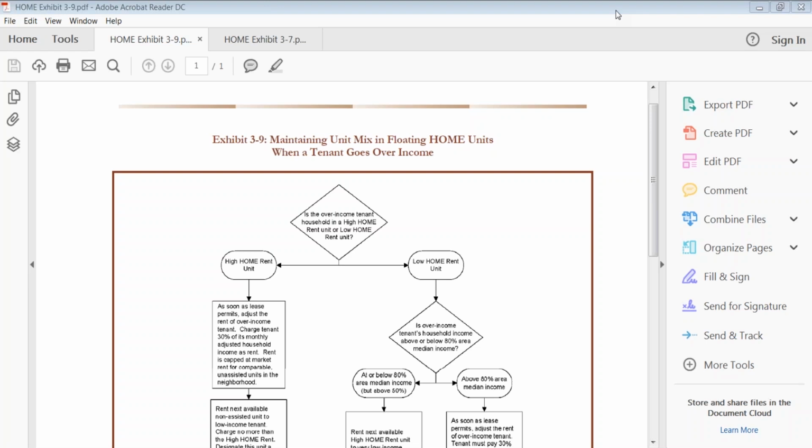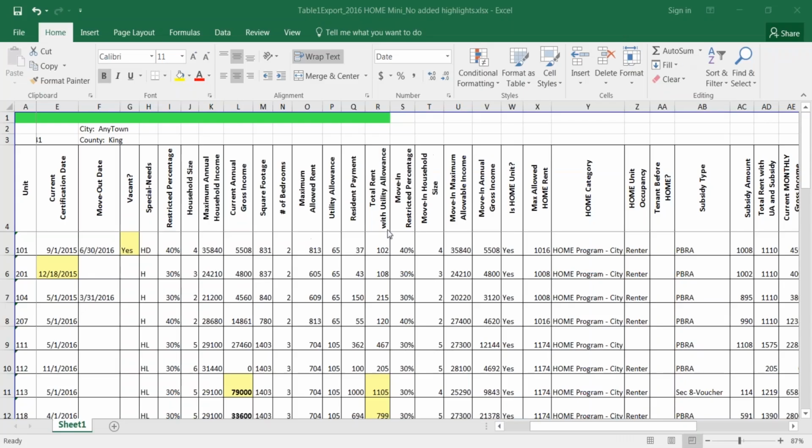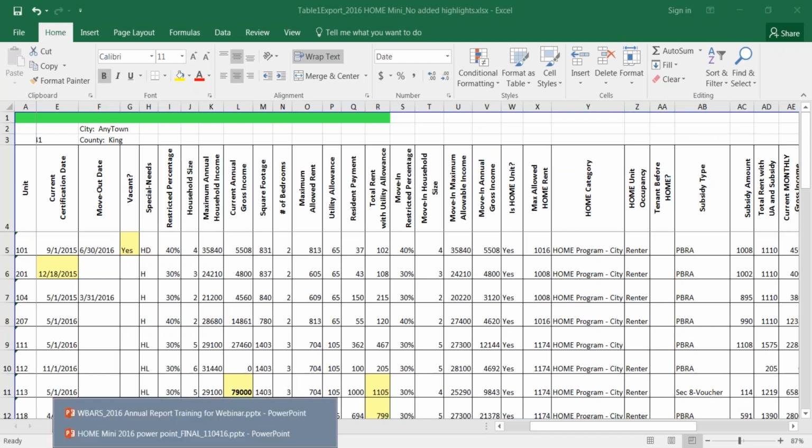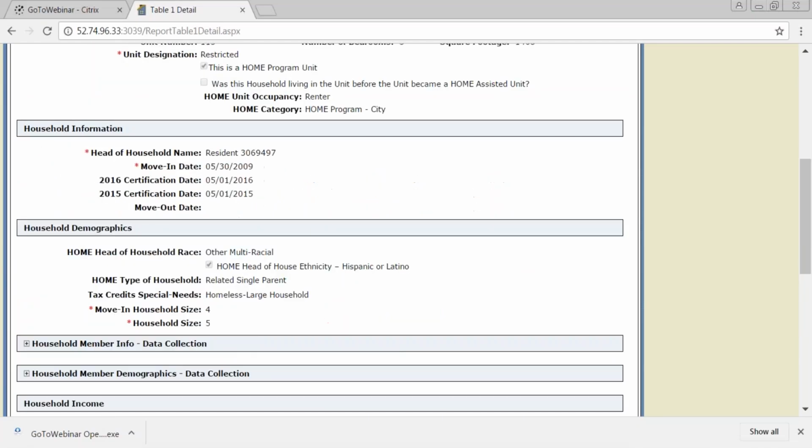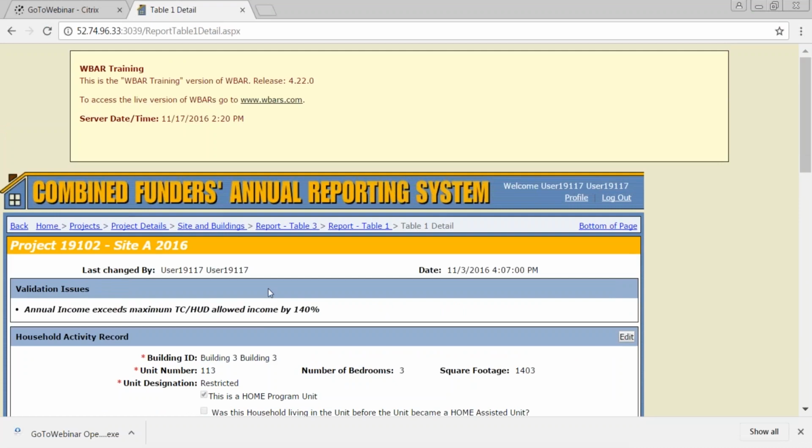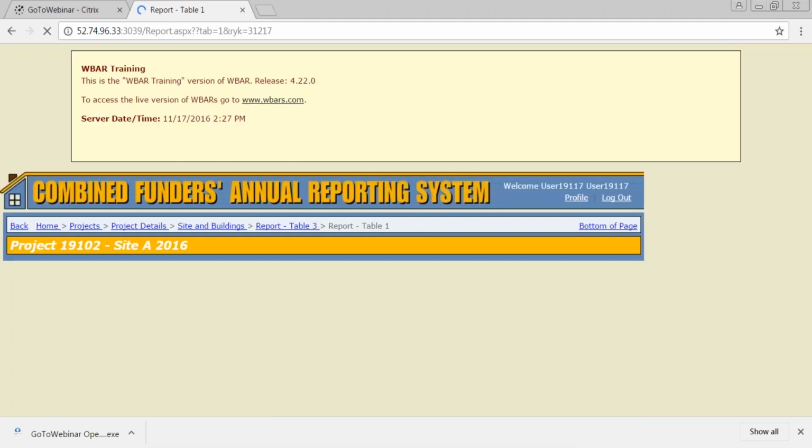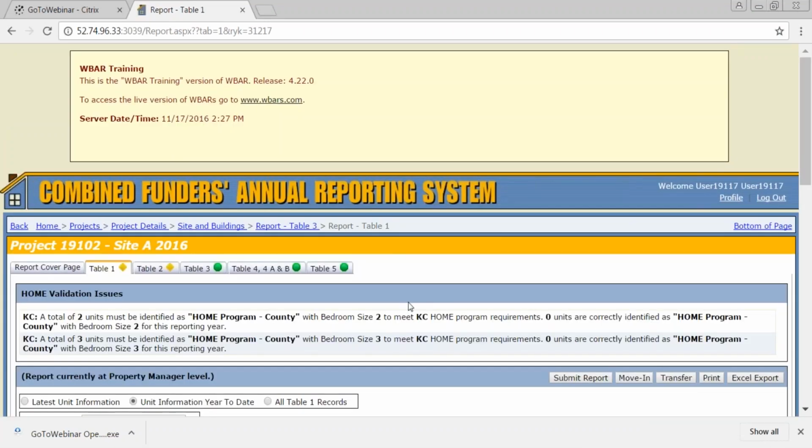And maybe it would be helpful if I actually go back to the training site for just a moment. So when you're getting ready, if you think you've entered all of your home information correctly and you're all good to go, but you want to review and make sure that you've completed all of the home criteria correctly.